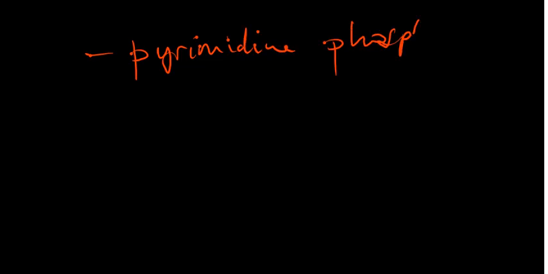So cells have therefore developed other pathways that can help to salvage purines and pyrimidine bases. To salvage is simply to find an alternative way in which they can still make those purines and pyrimidines. So we have what we call pyrimidine phosphoribosyl transferase.